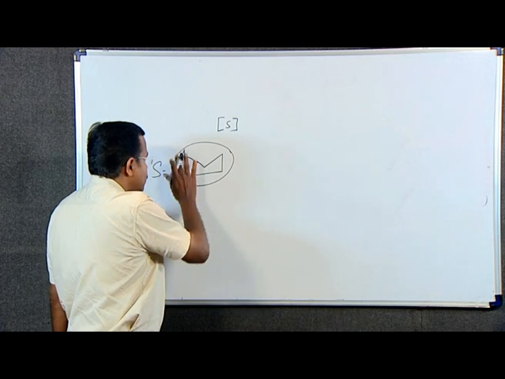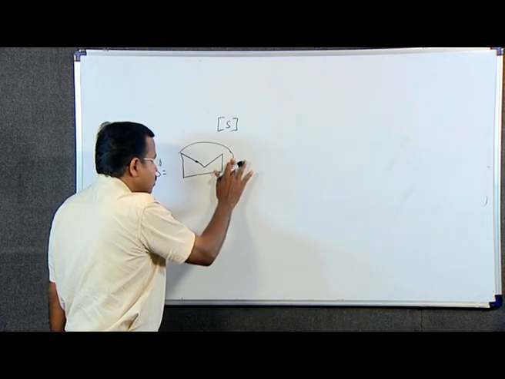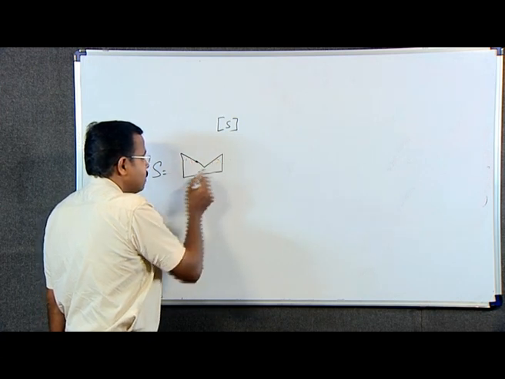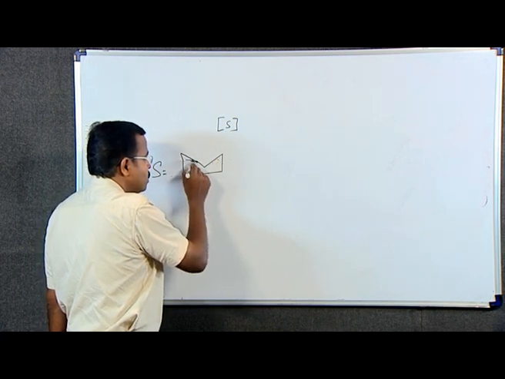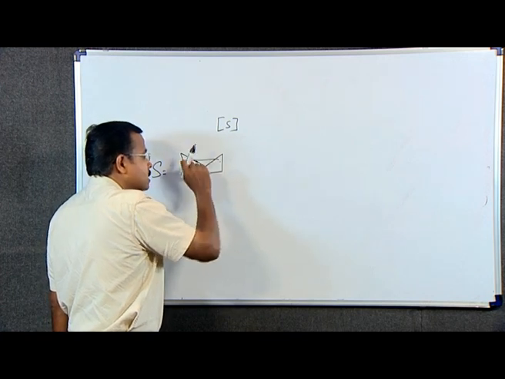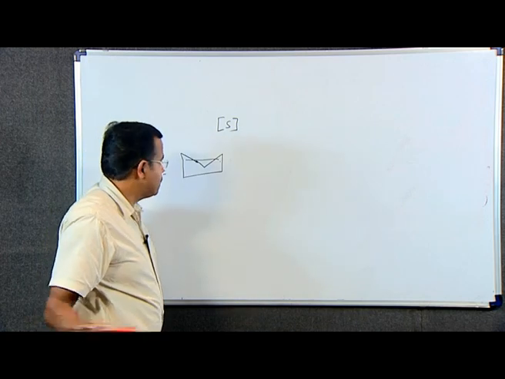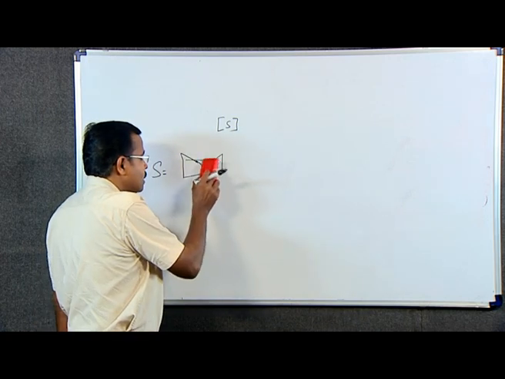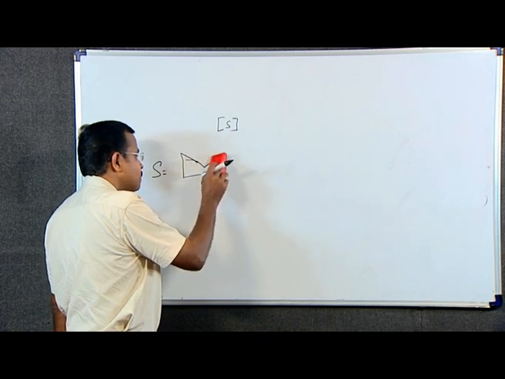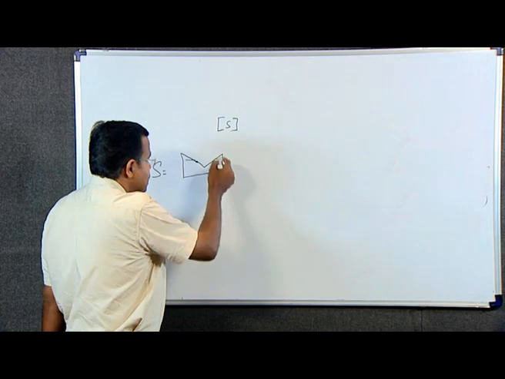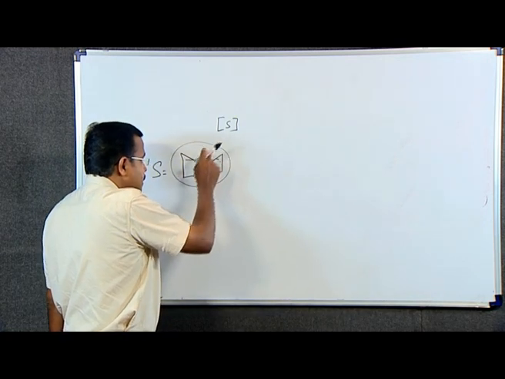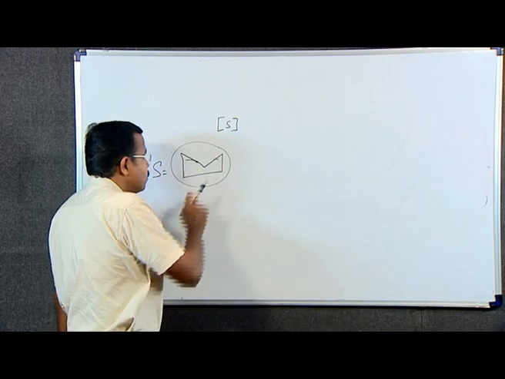But actually in our case, the given set S is not a convex set, because when we are considering 1 point here and 1 point here and joining these 2 points, we are getting many points outside the set S. That means all convex linear combinations of x1 and x2 for all lambda do not belong to S. So, S is not convex. But as before, this circle is convex, and the set S is inside the circle.